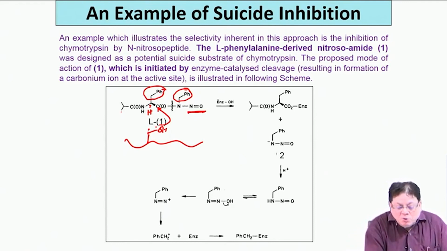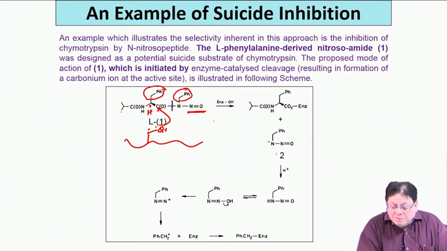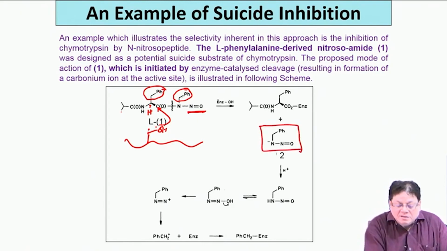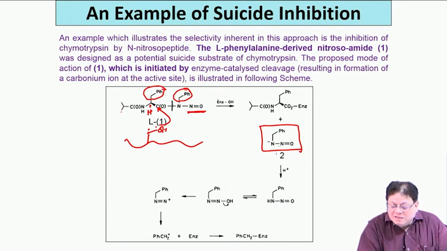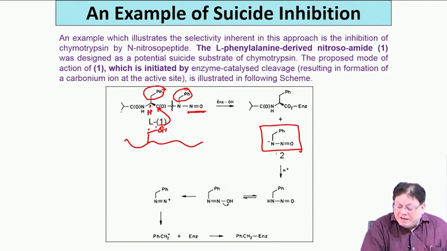Now, what happens to this species? The species will initially be PhCH2N minus, so this is basically a nitroso benzyl amine anion. That will now take a proton to make it NH.